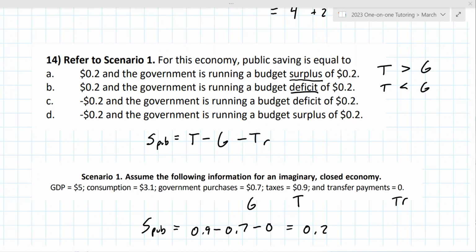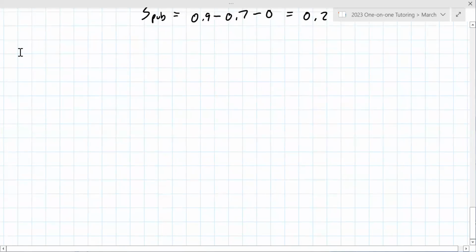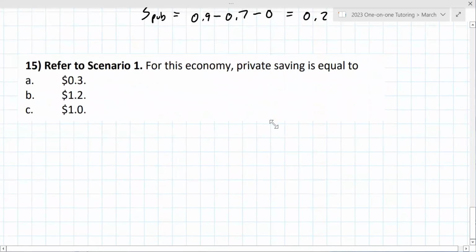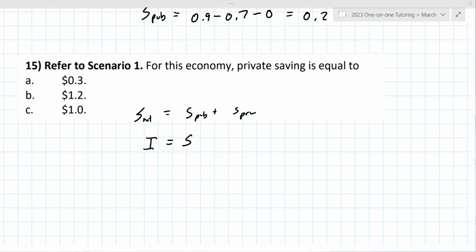It's another formula here. Private savings. So do you have a formula for private savings? I know national savings is equal to savings public plus savings private, meaning savings private is equal to savings national minus savings public.